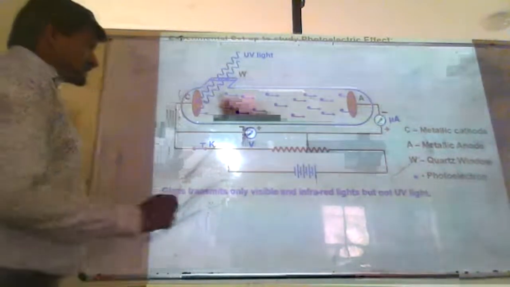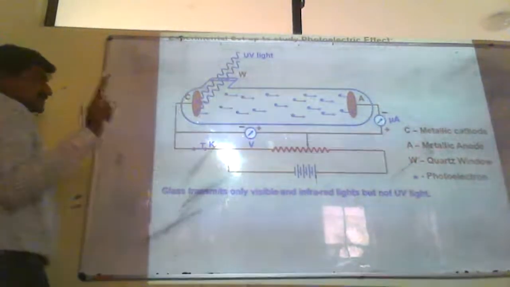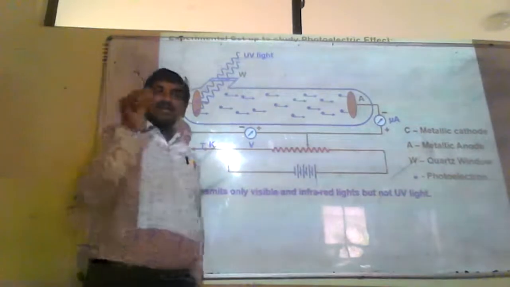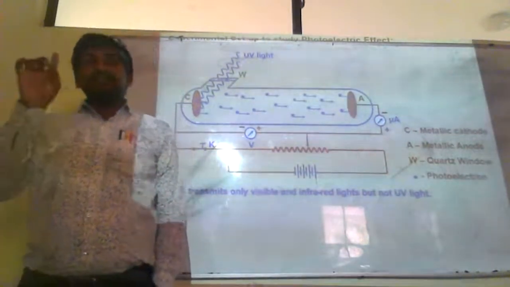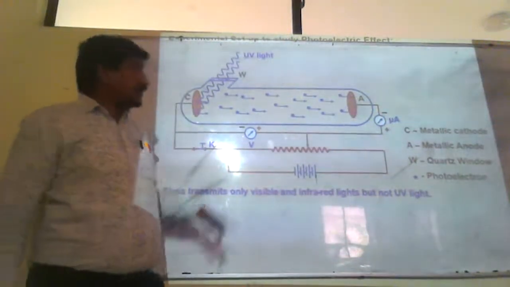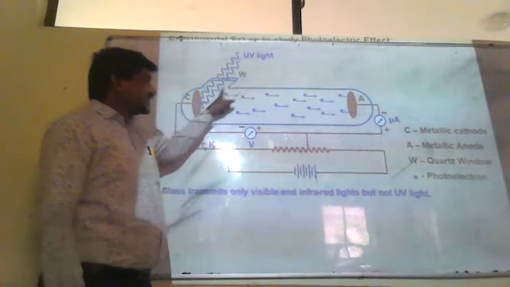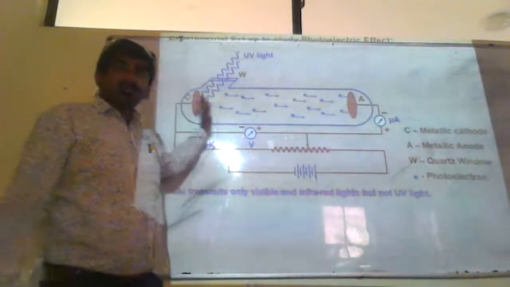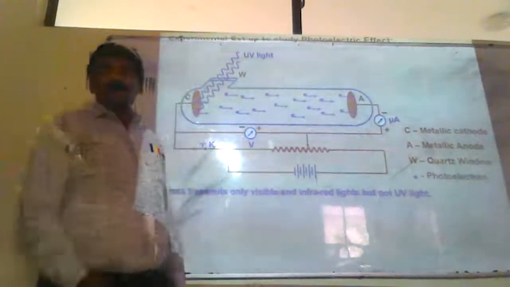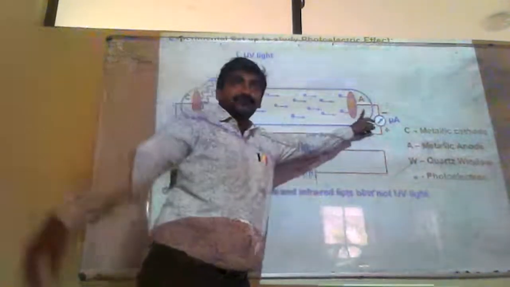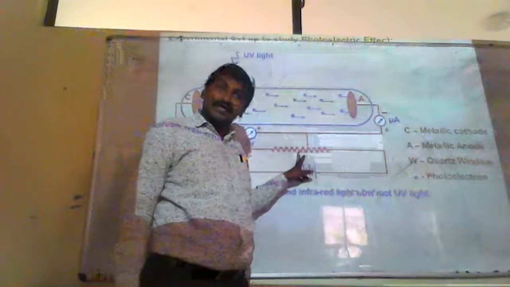Now, in this case, the first effect is that whenever I change the intensity of incident light while the frequency is constant, what happens to the photocurrent is my question. If I change the intensity of incident light, the number of electrons emitted will be more, right? Since more electrons come, the photocurrent will increase.